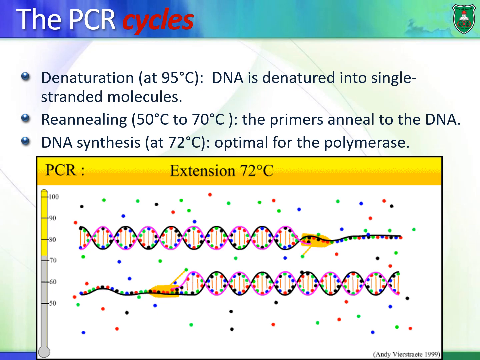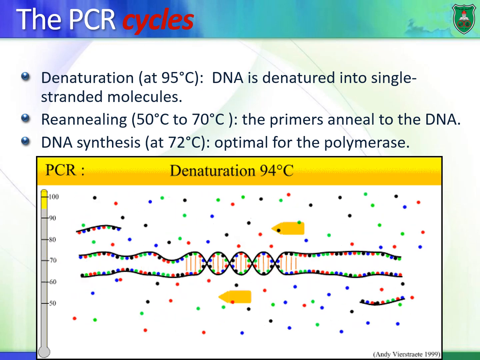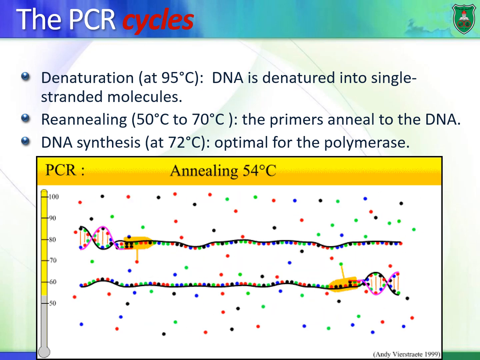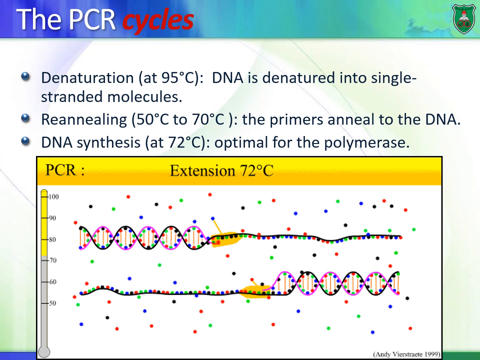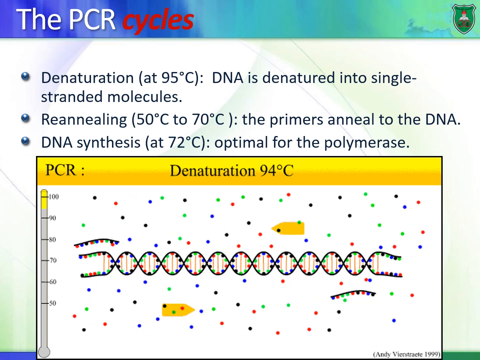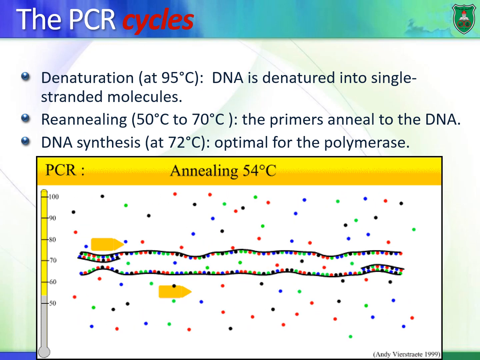This is followed by another step whereby the temperature goes down from 95 degrees all the way to 50 to 70 degrees. So it's variable. It's really a variable temperature depending on something that we'll talk about now.